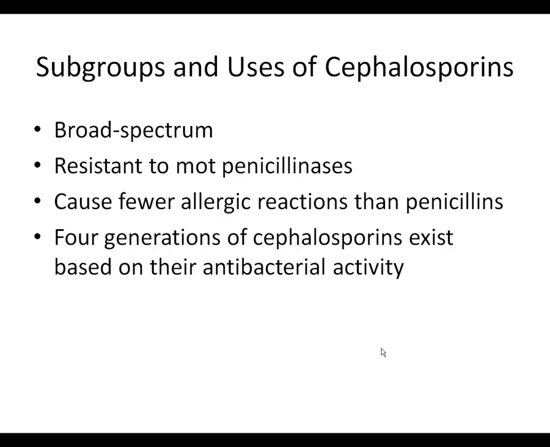You do have some subgroups of cephalosporins, some subgroups and some uses. These are very broad spectrum, and a lot of them, and this actually should say most and not mot, they mean, when they're broad spectrum, meaning that they are going to kill more than just gram positives or just gram negatives. They are resistant to most penicillinases, so that beta-lactam ring is going to stay intact, and those cells then are going to be able to survive an attack by these bacteria that may be producing these penicillinase enzymes.